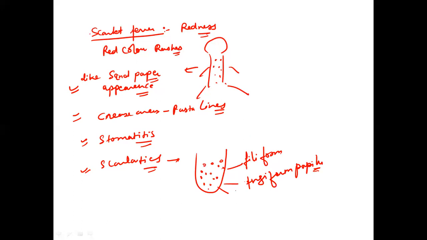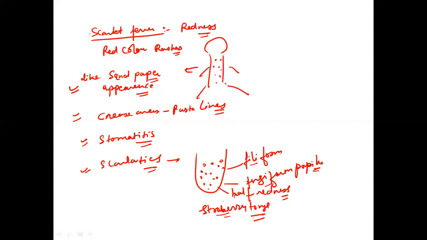So you can see half redness. This is called strawberry tongue, because in a strawberry there are white spots in between the red spots. So somewhat white, somewhat red. There is inflammation of filiform and fungiform papillae, and the tongue looks like a strawberry.